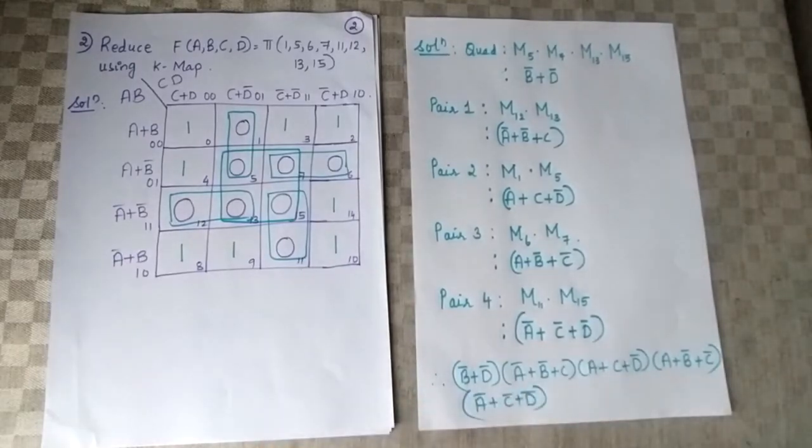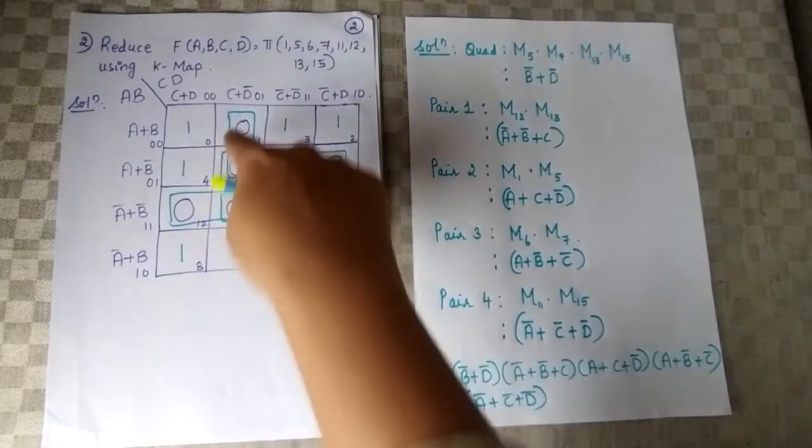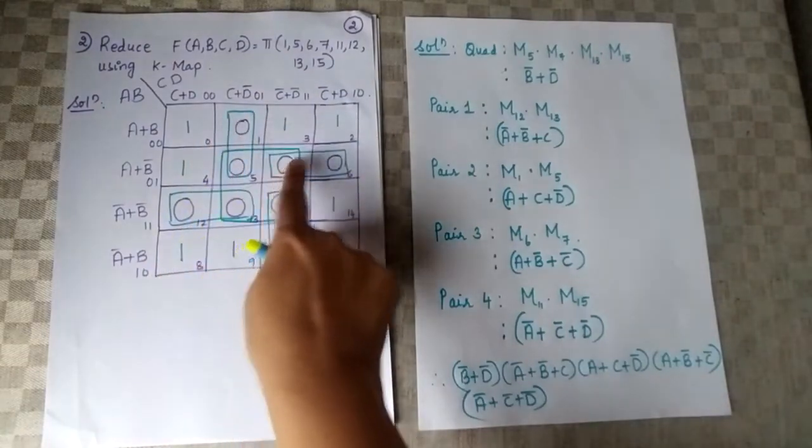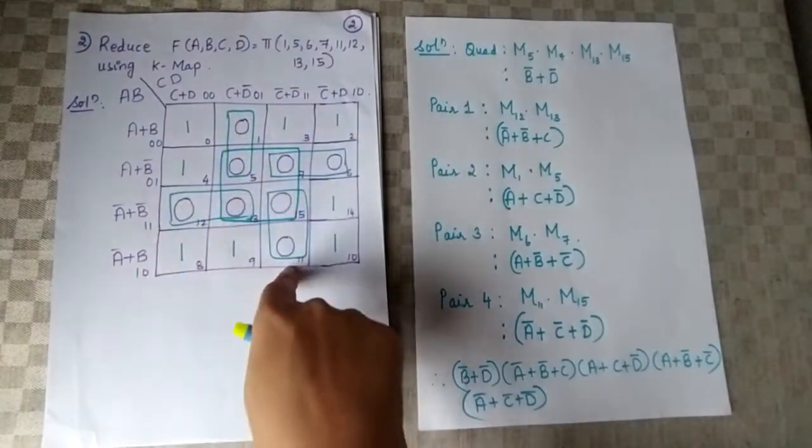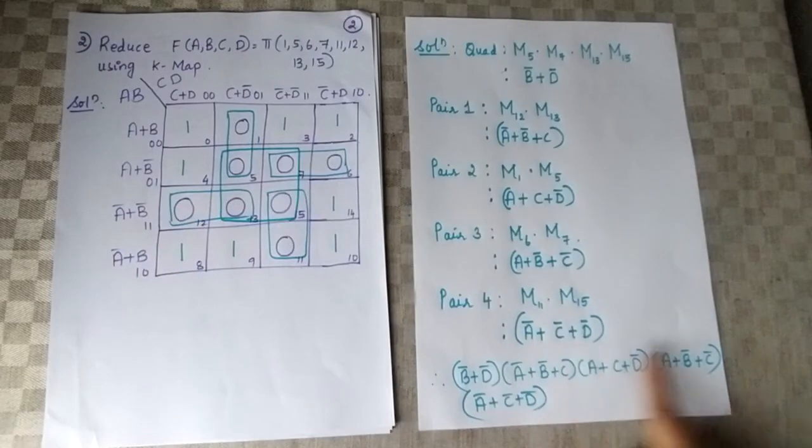So this will be the final simplified expression. Here how many terms were there? 1, 2, 3, 4, 5, 6, 7, 8. So these 8 terms are finally reduced to these 5 terms using K-maps.